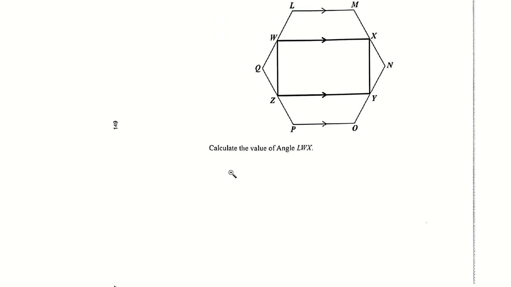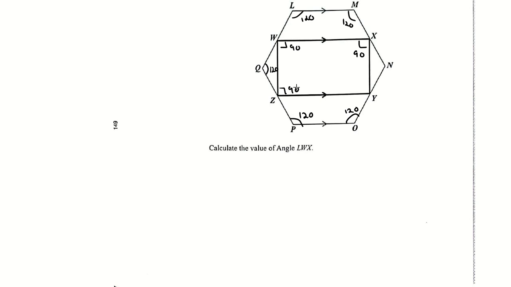First off, let's talk about what we know, right? We know that this here is 120. We also know that this here is 120. This here is 90. This here is 90. This here is 120. This here is 120.